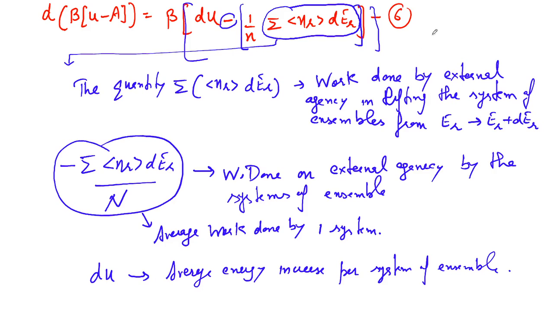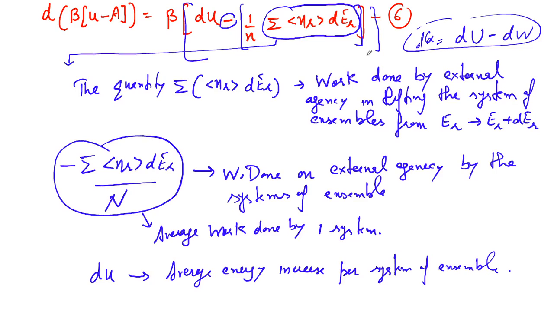So this is purely the same equation, dU minus dW is equal to dq. That is the first law of thermodynamics. So this whole equation follows the same form as the first law of thermodynamics.